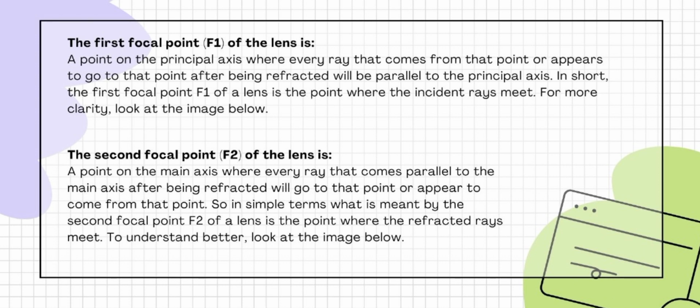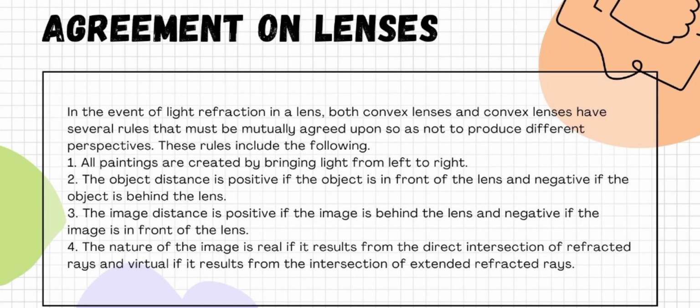The second focal point F2 of the lens is a point on the main axis where every ray that comes parallel to the main axis, after being refracted, will go to that point or appear to come from that point. So in simple terms, the second focal point F2 of a lens is the point where the refracted rays meet.